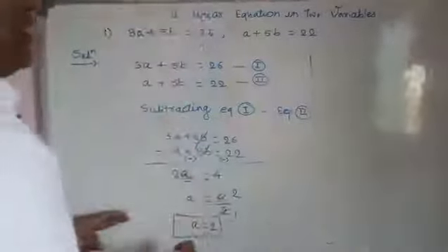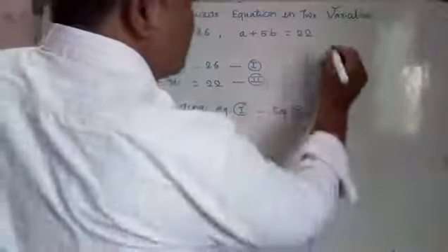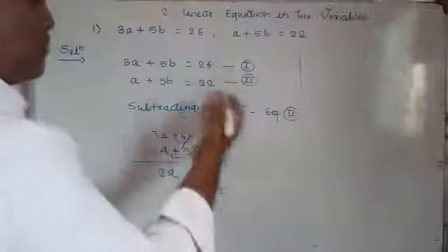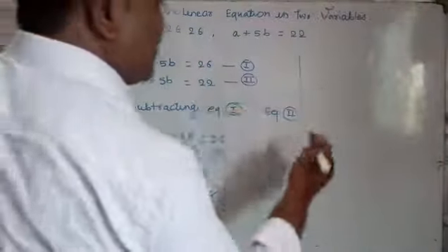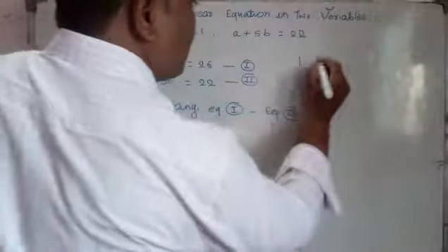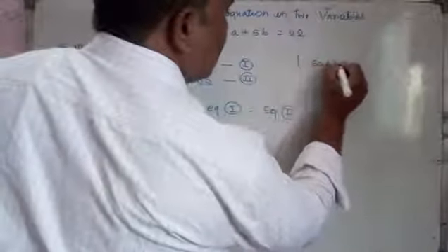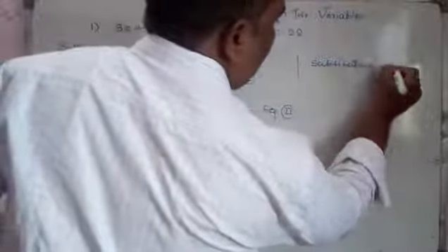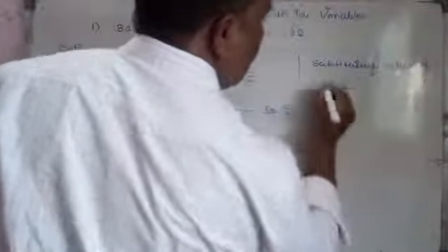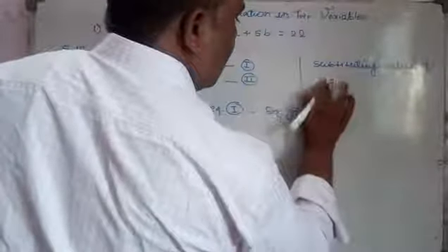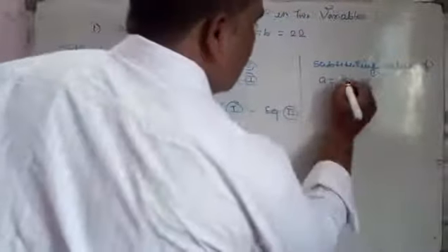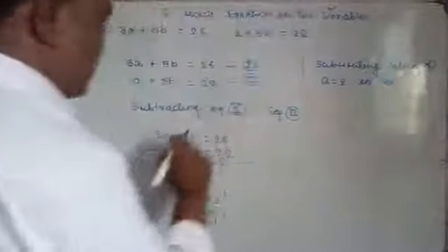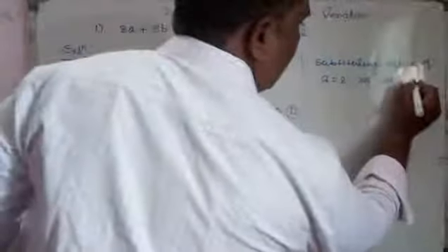But what about b? We have to substitute the value of a in any equation, and we will get the value of b. Therefore, substituting the value of a is equal to 2 in the simpler equation, that is the second equation.